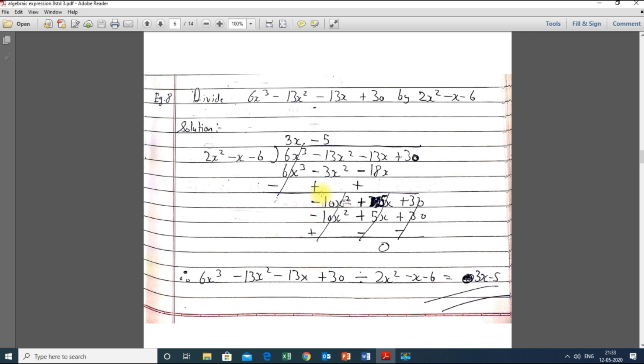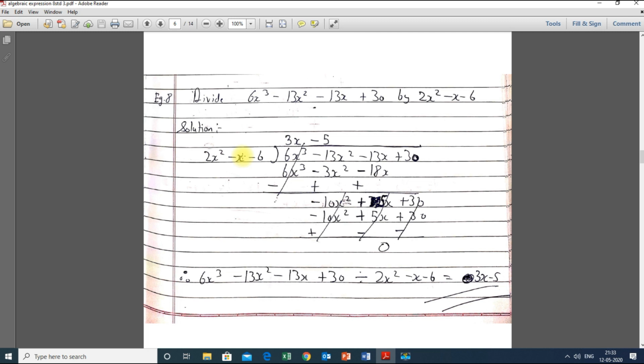So I wrote 5 over here. And x square will come as it is because I wanted x square. So directly got x square. Also why I wrote minus over here, because I wanted minus 10x square. Therefore I wrote minus over here, because it was plus over here. The plus into minus will give me minus 10x square. Hope you understood this particular part.